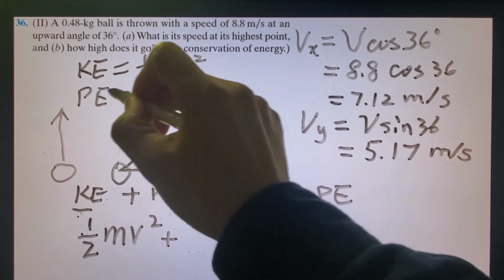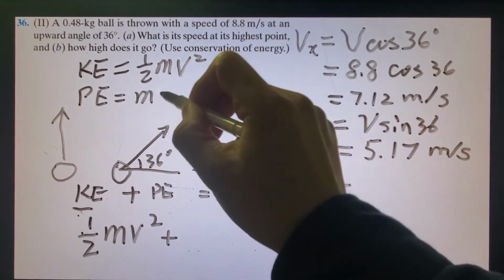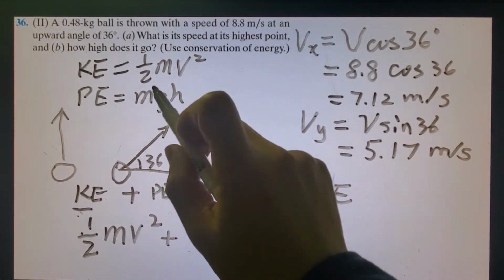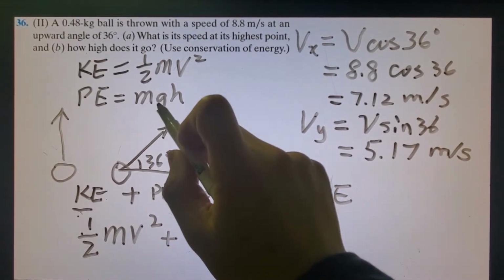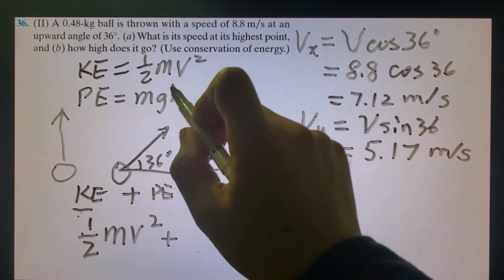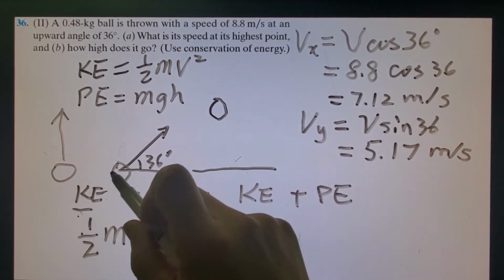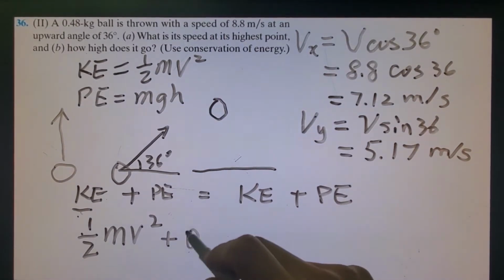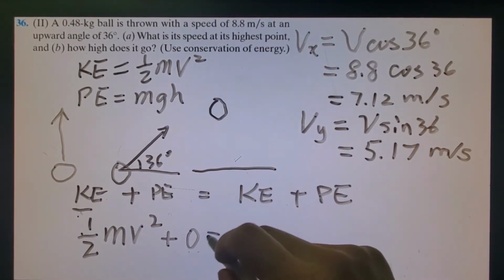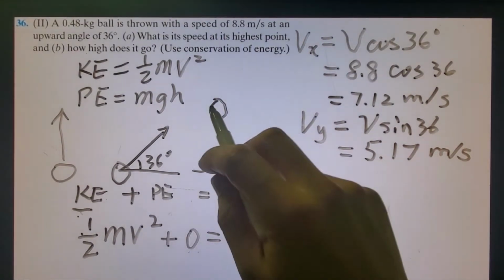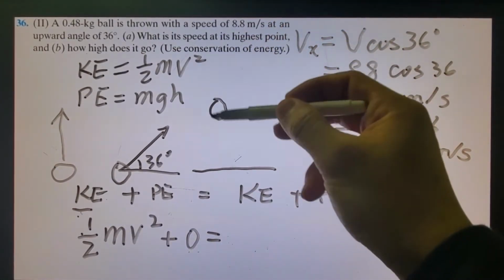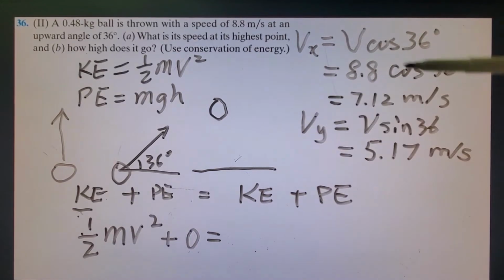Potential energy due to gravity is equal to m times g times h. M is the mass, g is the gravitational constant, 9.8 meters per second squared. H is the height. Since initially it was on the ground, the height is 0, so potential energy is 0 here. That will be equal to kinetic energy at the highest point here. In the vertical direction it should be 0, but it's still moving.